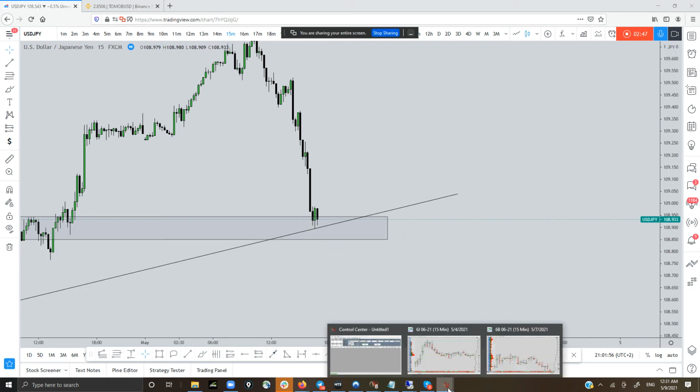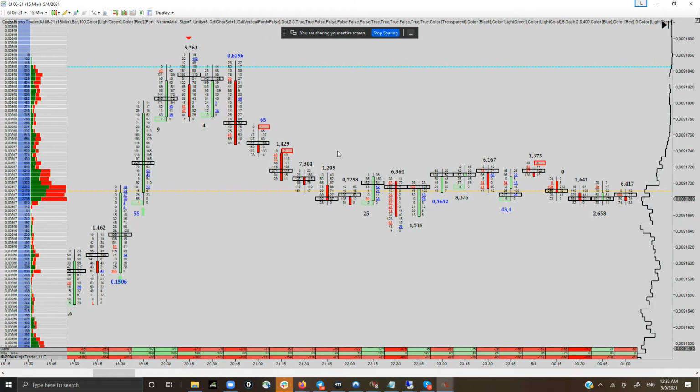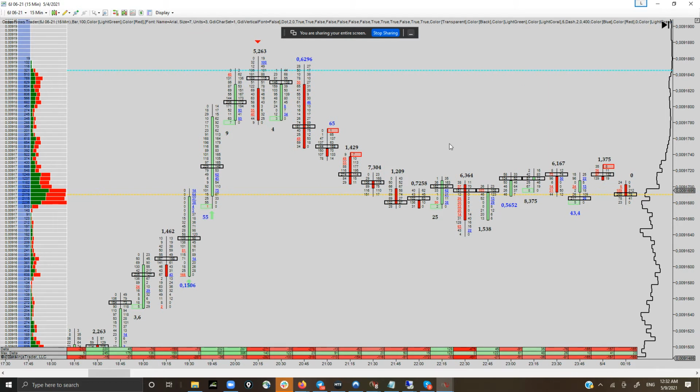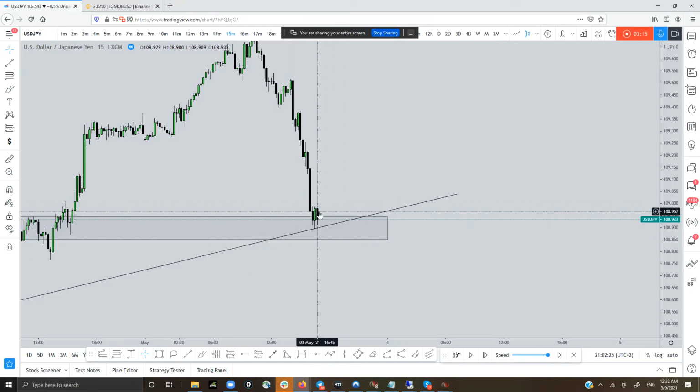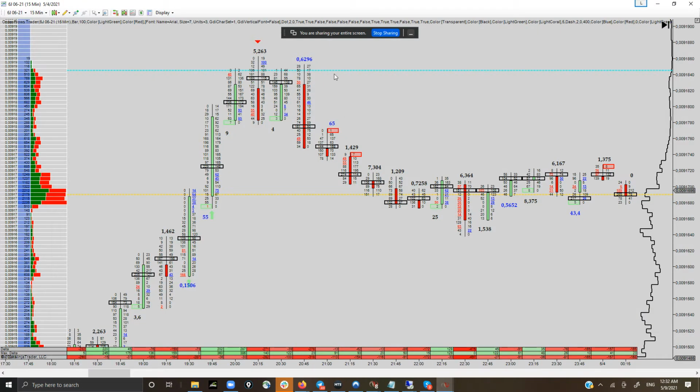Then I went to my order flow setup. As I told you, if I want to buy USDJPY, then I want to see a sell setup on 6J, which is nothing but JPY futures. This was our point of interest, the same area you're seeing on USDJPY, which is here on 6J at the top.